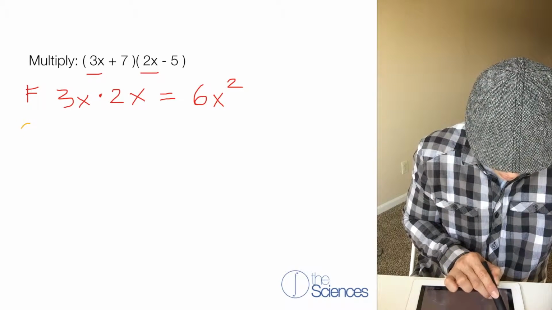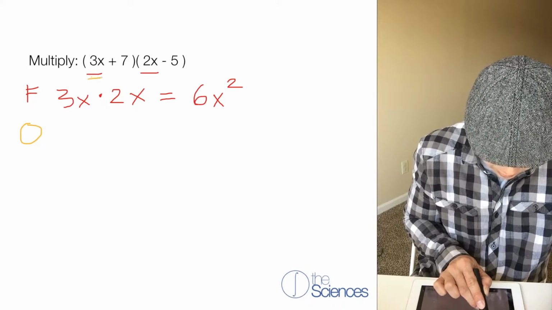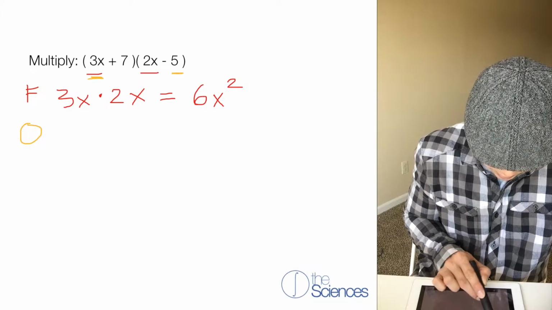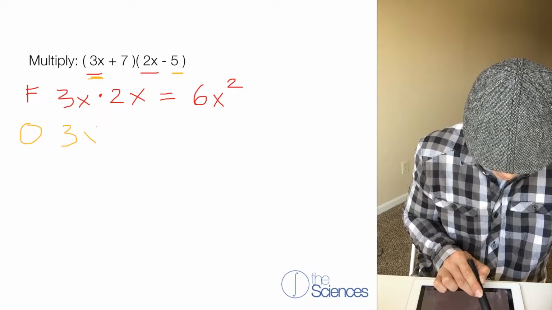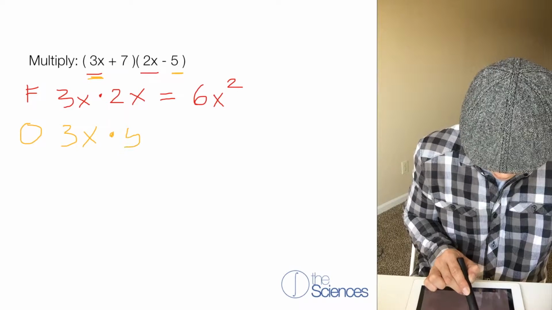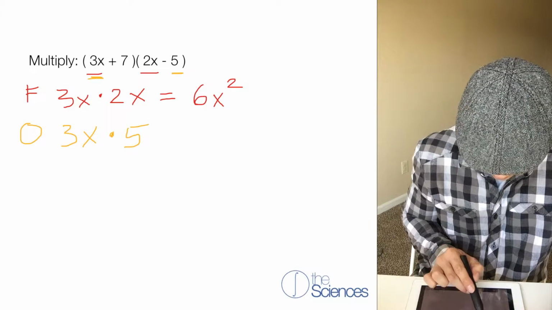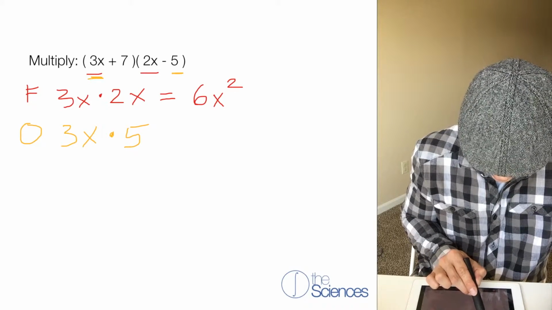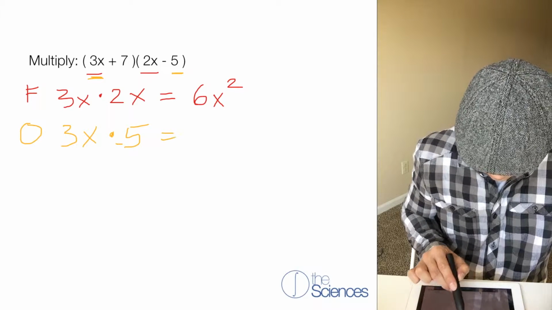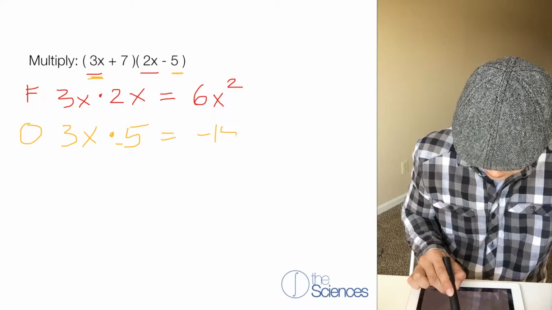And then O, we're going to multiply the outside terms, which is 3x times negative 5, which gives us negative 15x.